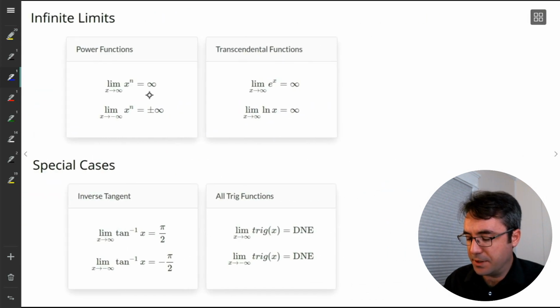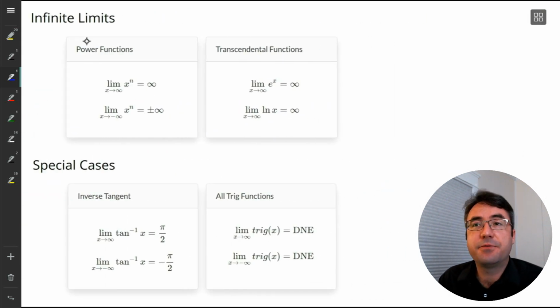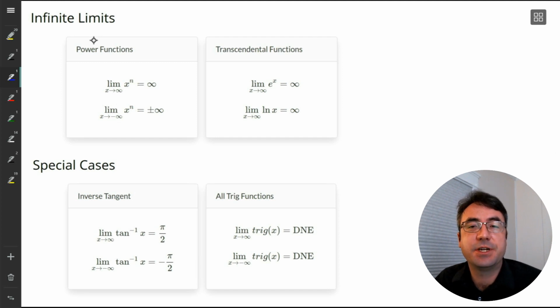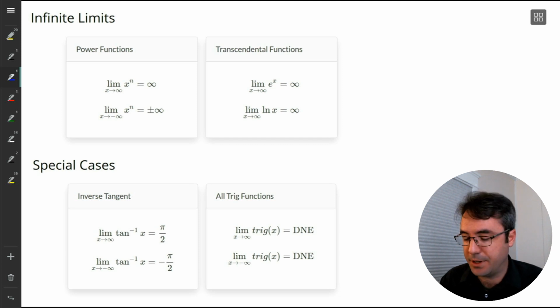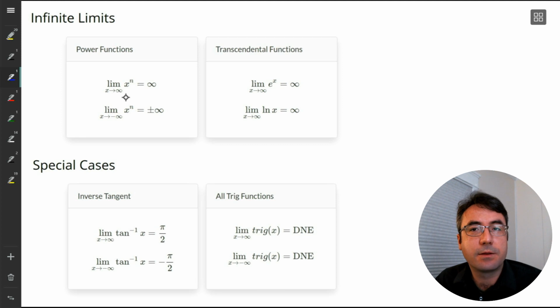All right, what are some other ones? Well, we have limits where x is approaching infinity or minus infinity, but the actual function itself just gets larger and larger. So we call these infinite limits, and they happen regularly with power functions. So the limit of x to the n as x approaches infinity is infinity.